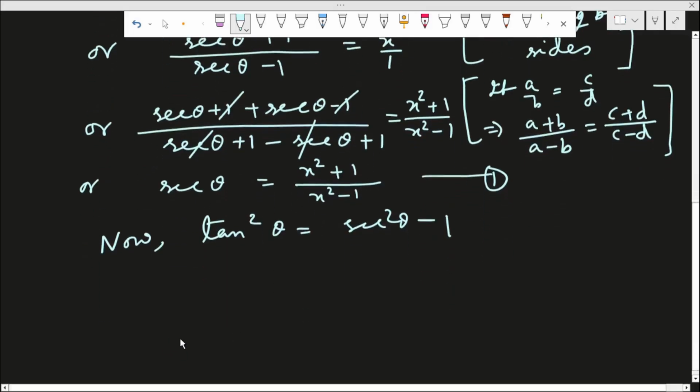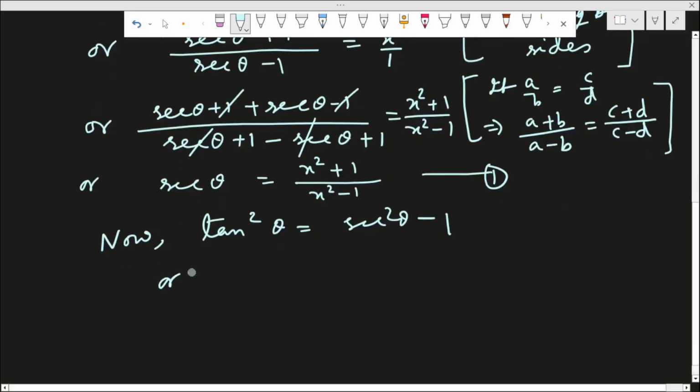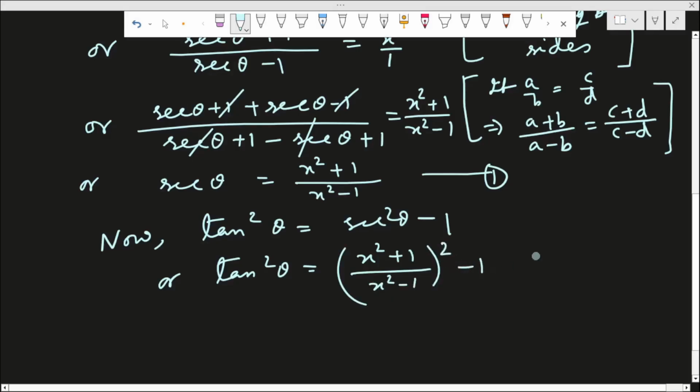So, tan square theta is equal to x square plus 1 by 2 whole square minus 1.